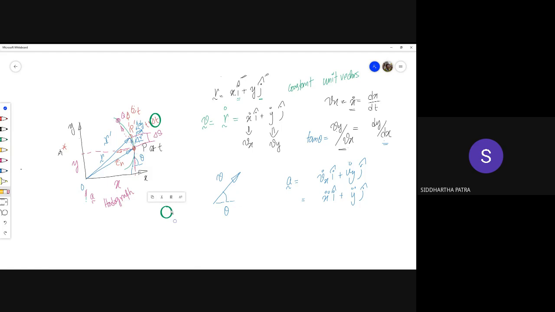But if you think about what its x and y coordinates are doing, the actual particle is, let's say, moving along this green curve, which is the path. But its x and y coordinates themselves are actually performing rectilinear motion. Actual motion is curvilinear, but we are going to get a very familiar set of expressions out of what we have just got.